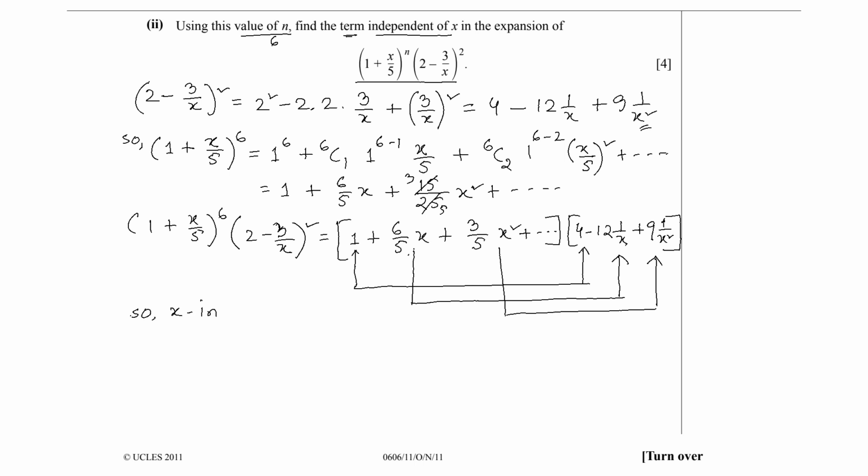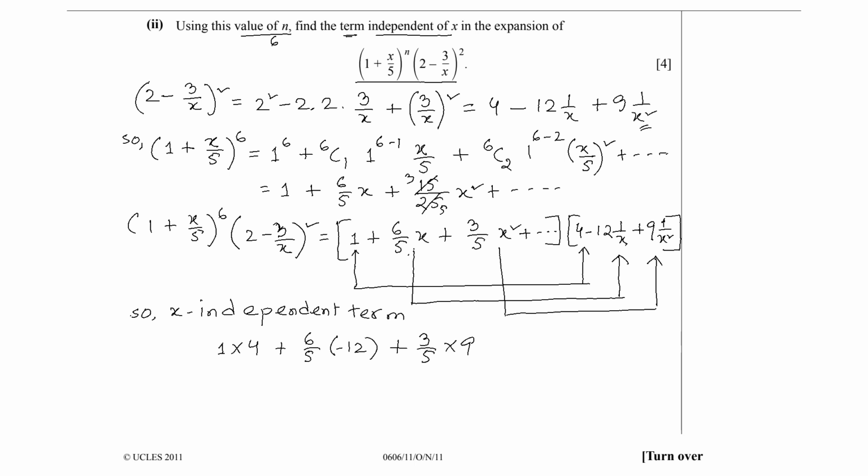So our x independent term would be 1 times 4 plus 6 over 5 times minus 12 plus 3 over 5 times 9. Let's simplify this.